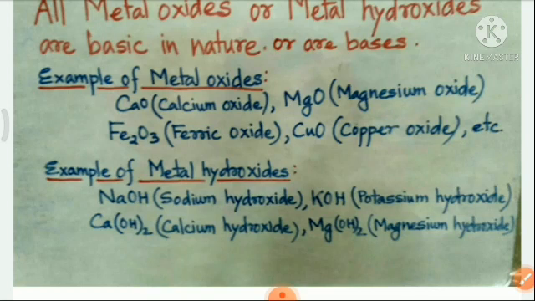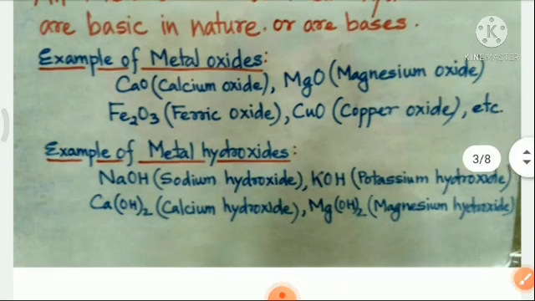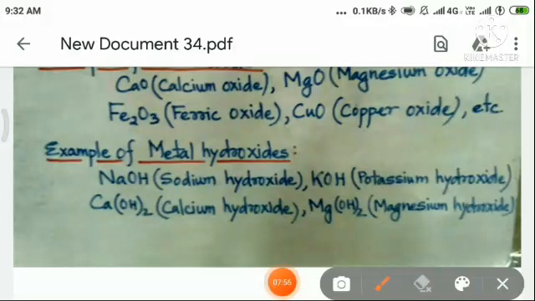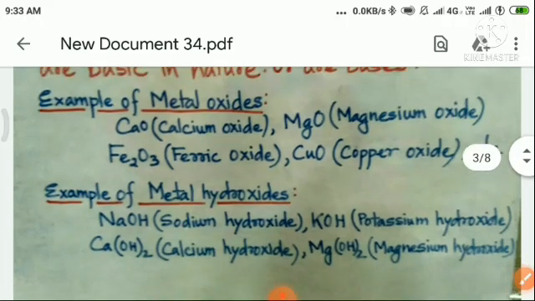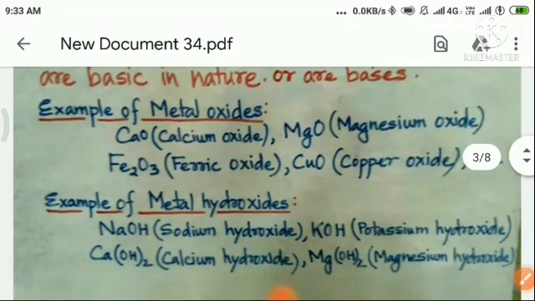Calcium hydroxide is also a base. And magnesium hydroxide is also a base. So I think you already know about metal hydroxides. The new thing we are learning now is that metal oxides are also basic in nature, or are bases.